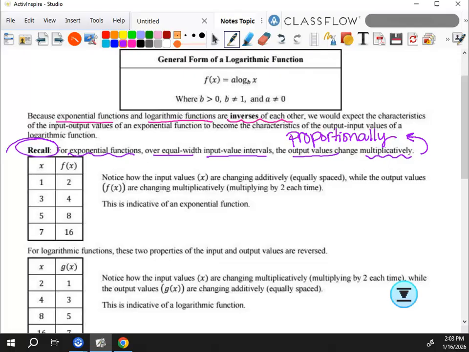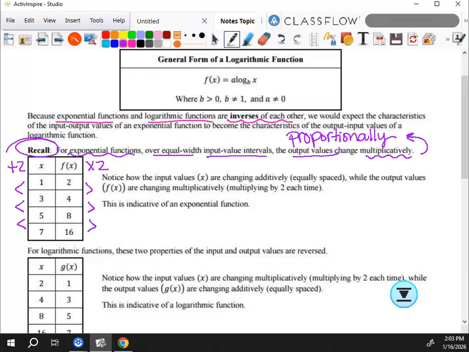Okay, so what we do for all of these functions is we first look at our input values. And we see that we have equal length input value intervals. We're adding 2 each time. Then our output values, we are multiplying by 2. And that's what indicates that we have an exponential.